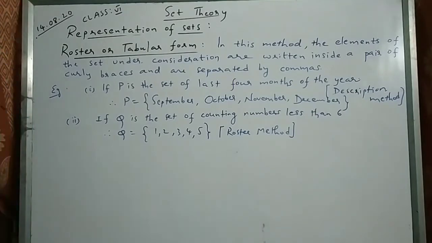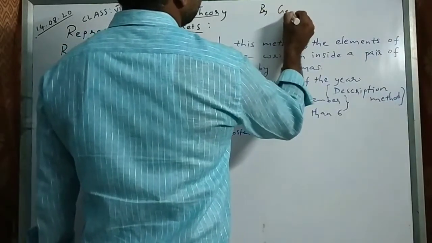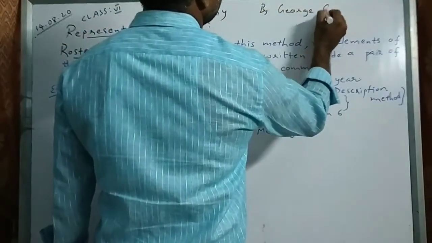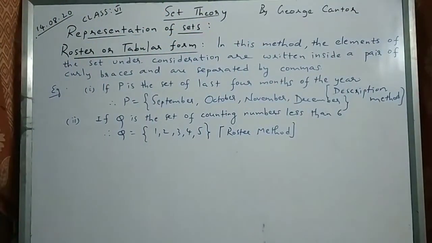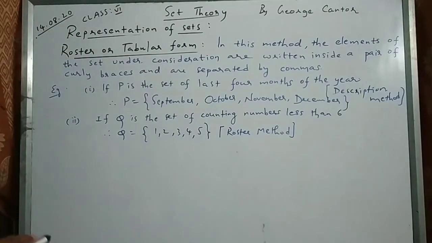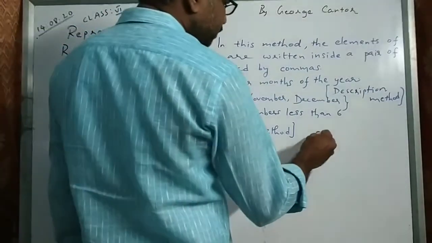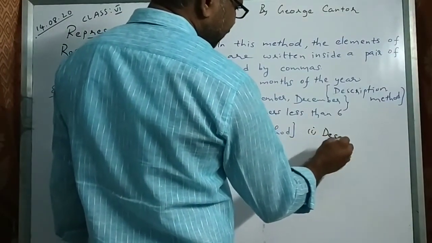In the continuation of set theory by George Cantor, today we are going to see the representation of sets. I told you there are three ways to represent the sets. First one is description method.